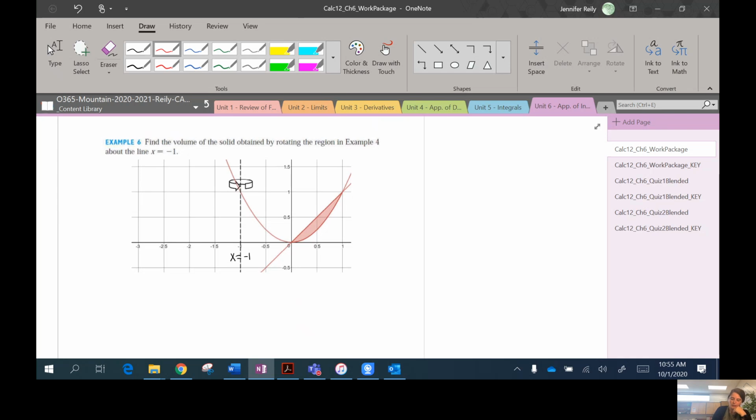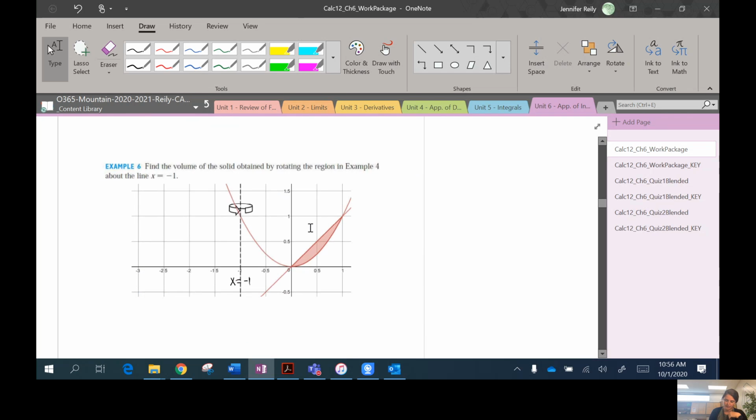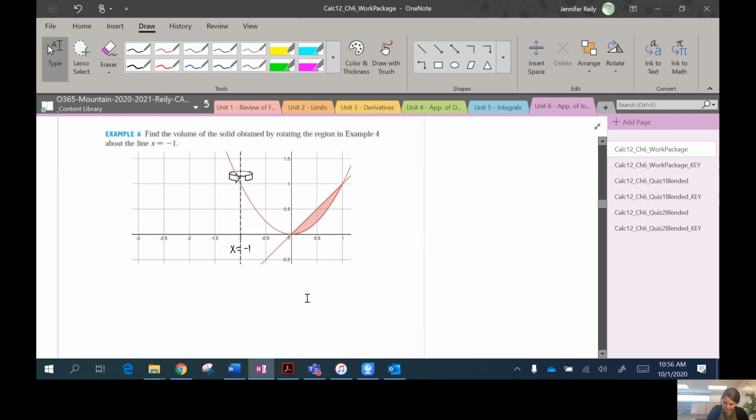Okay, so let's just draw what this shape would kind of look like. We've got this outer radius. I'm going to use the same colors: red, I used for outer. So the outer curve is here, farthest away from the axis of rotation. If I rotate that around, it's going to go like this.